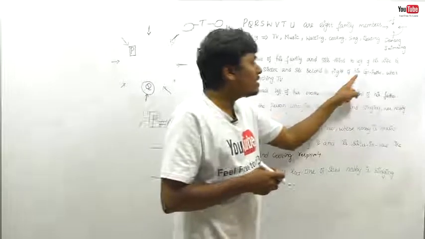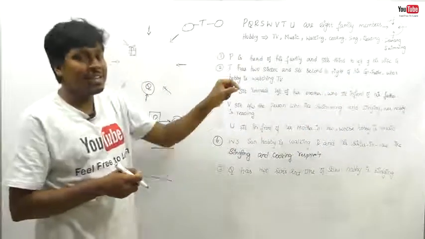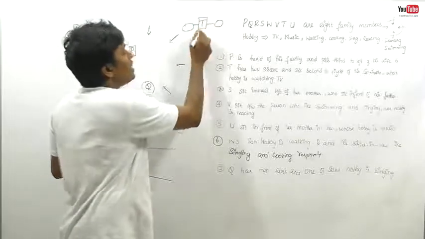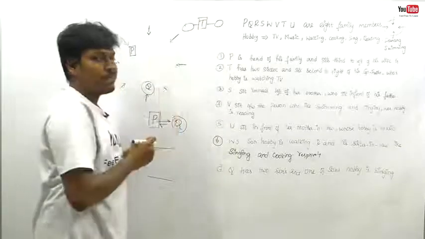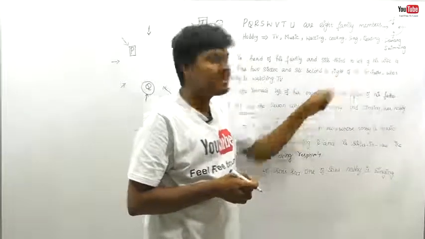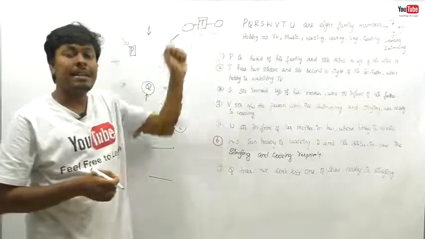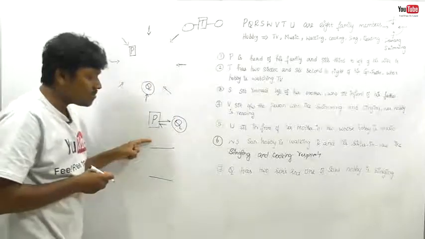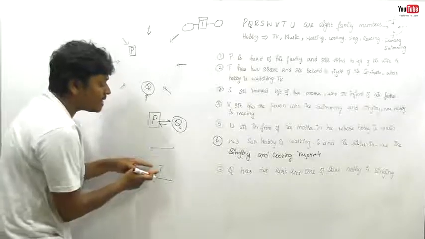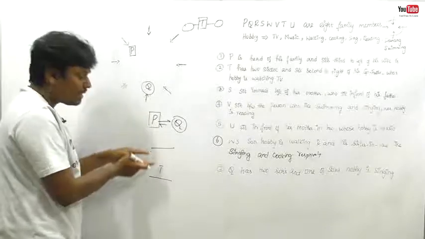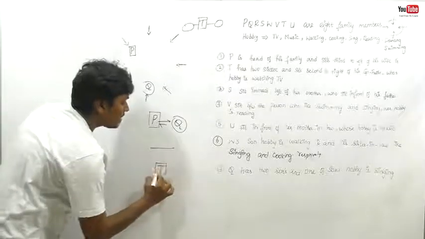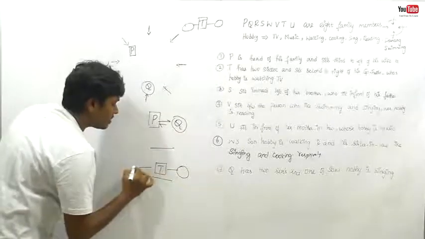See here, what is his grandfather? If we say his grandfather, then T should definitely be a male person, right? So T has 2 sisters. We don't know who the 2 sisters are, but he is sitting second to right of his grandfather. If T is saying that I have a grandfather, then T should not come here, right? Only here is the possible place for T. Why? Because then only he can say P is grandfather, that is a second generation person, right? So T should be a male person and T has 2 sisters.